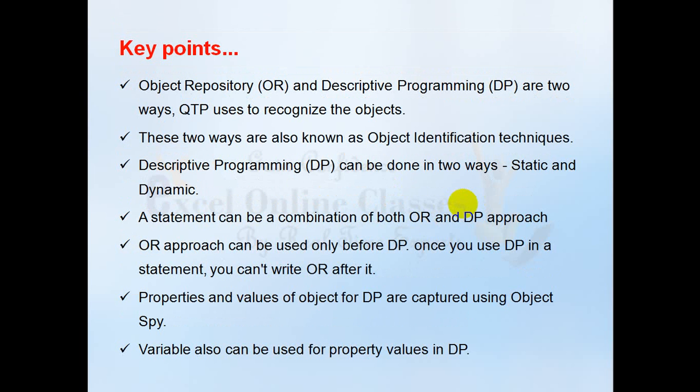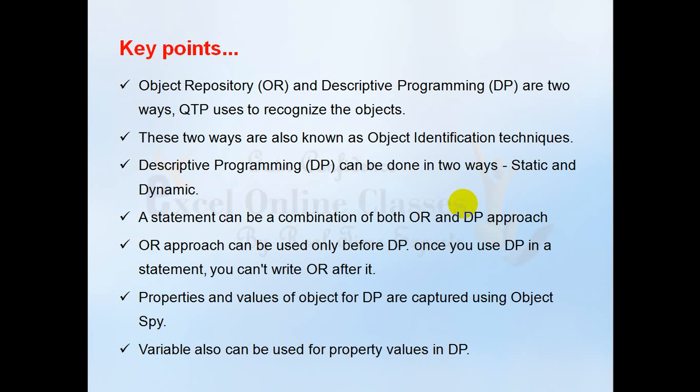Some key points of object repository versus descriptive programming. Object repository and descriptive programming are two ways QTP uses to recognize objects. These two ways are also known as object identification techniques. From an interview point of view, it is a very important question.